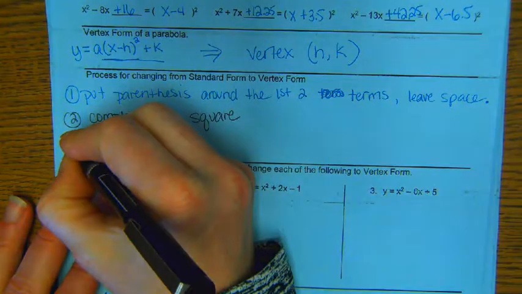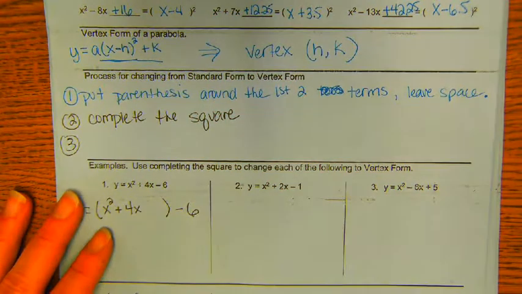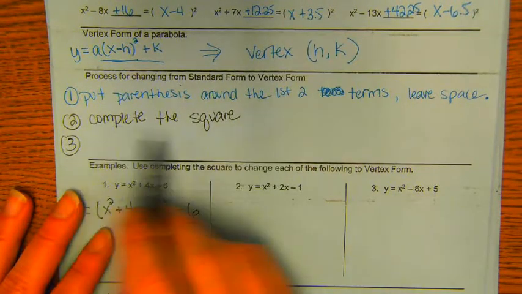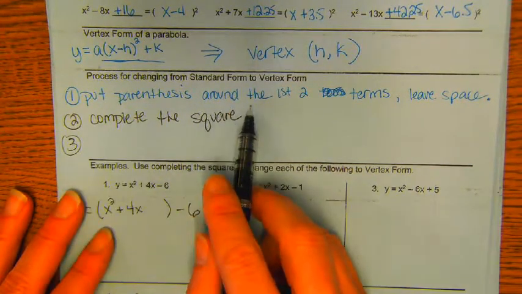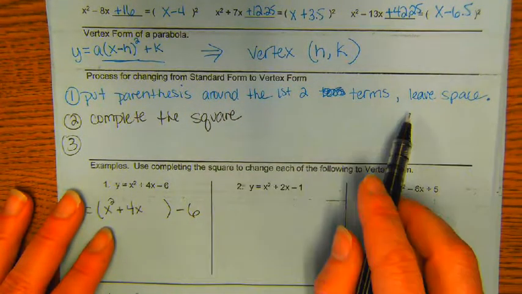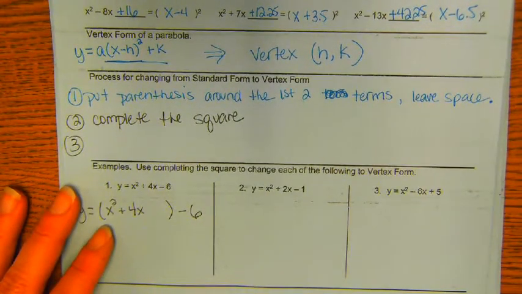And third, these kind of two go together. Bobby, are you having a hard time seeing? Which one? Complete the square. Put parentheses around the first two terms, leave space. If you need to move over there, if that's easier for notes, that's fine with me.